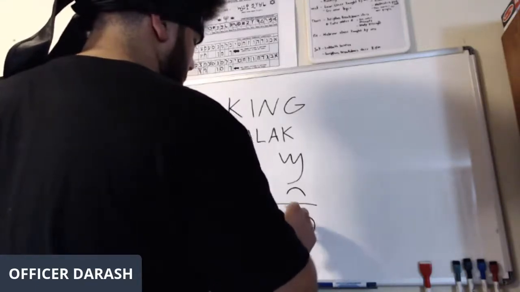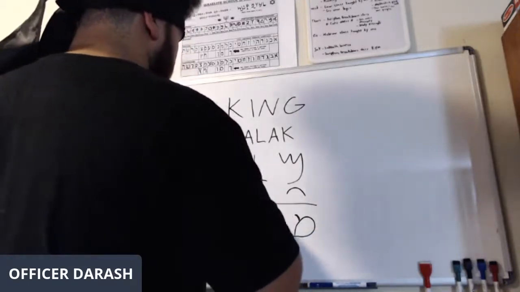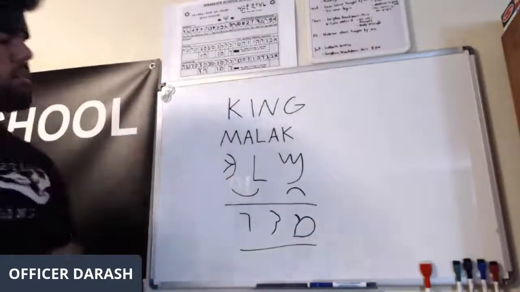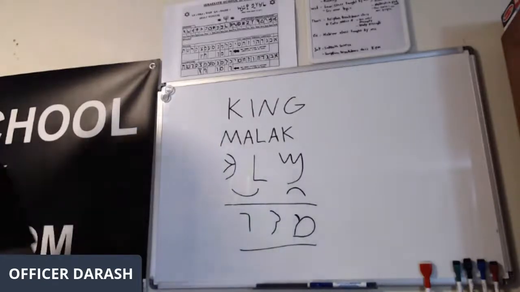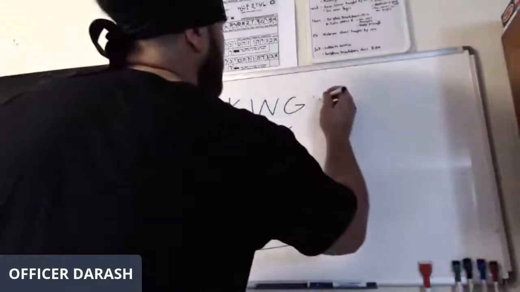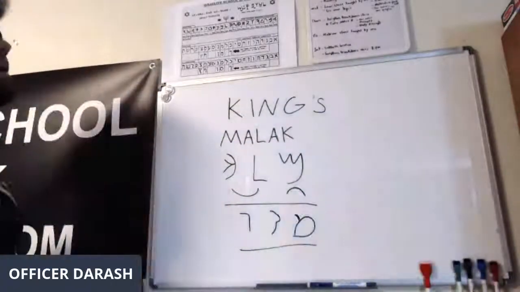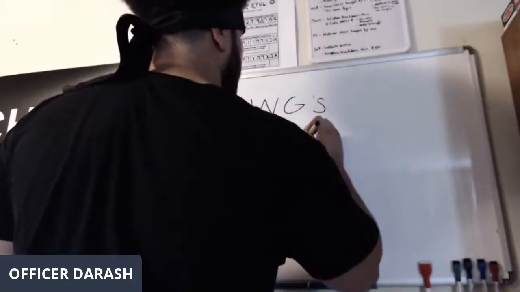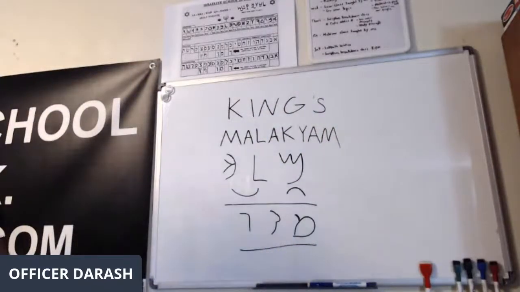So, malak. All right, that's king. Now, to make it kings plural, same as akyam. So instead of malak, we're doing malakyam. Malakwath would be kingdom.